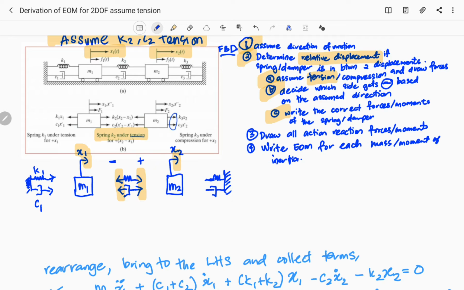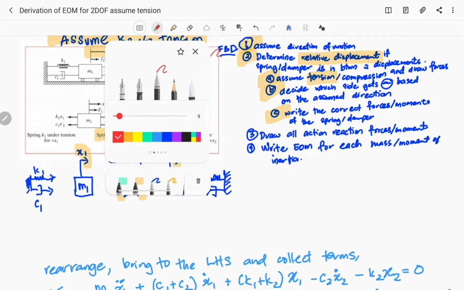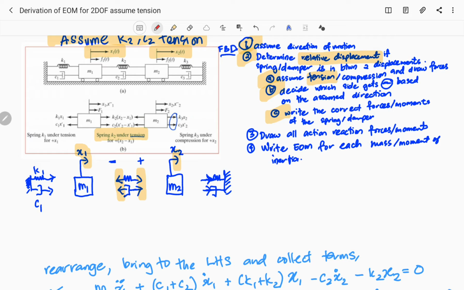Same as K3 and C3, it should go to the right because x2 goes to the right, so you get positive direction. I also pointed out in the notes, if you check your textbook, this is actually wrong, because it should have been in this direction later on when we draw the action reaction.